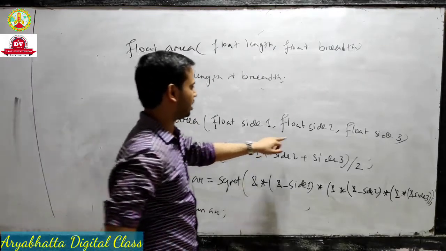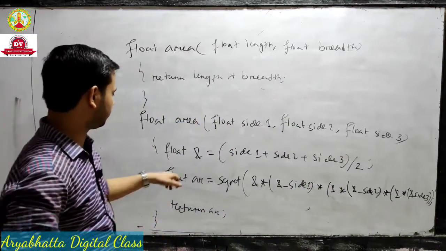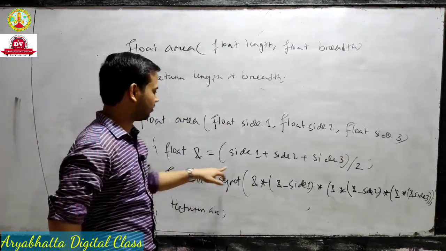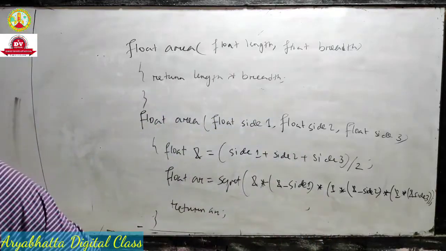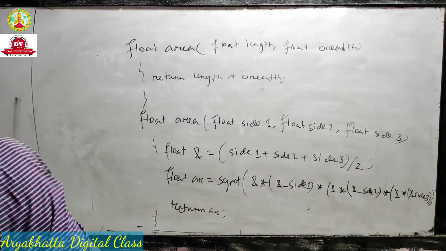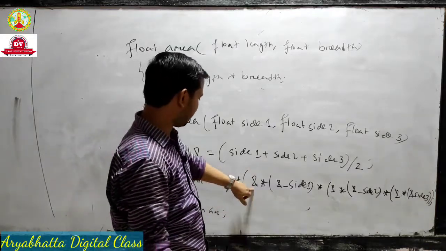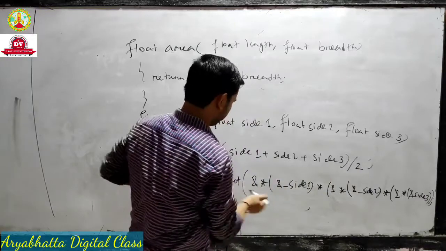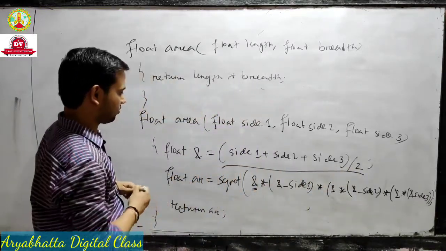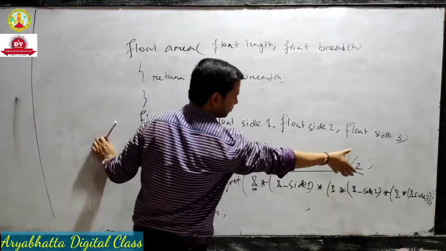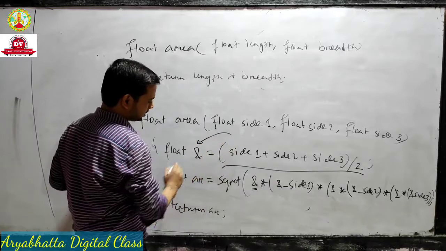Float side 1, side 2, side 3. First you have to define side 1 plus side 2 plus side 3 divided by 2. And this is the formula, float area, square root. This ampersand means this thing. Whereas this is a very long formula, that's why we define it with ampersand, assigned to ampersand.